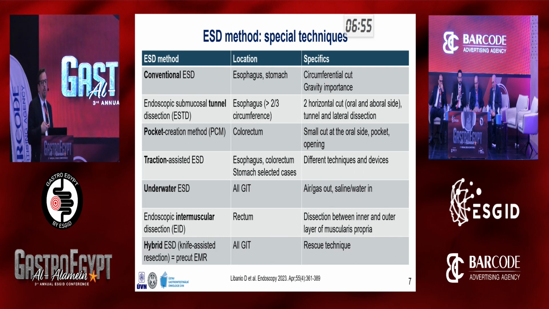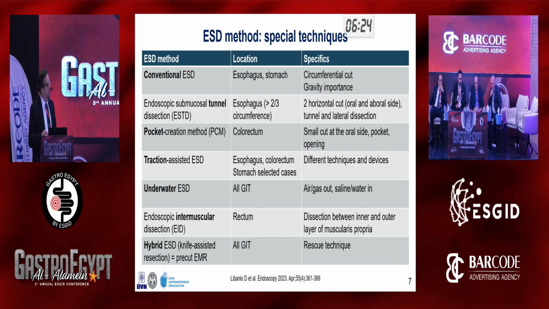What is quite popular in Europe is traction-assisted ESD. Some units use underwater ESD, and what is very new is intermuscular dissection, which has only been published in rectal lesions. Hybrid ESD is the combination of ESD and EMR, but it should only be a rescue technique. It should not be our plan.